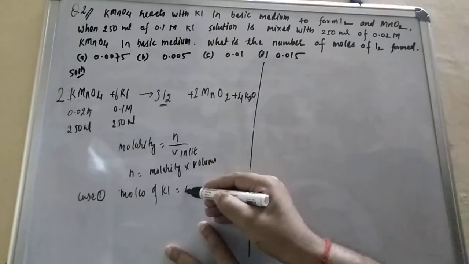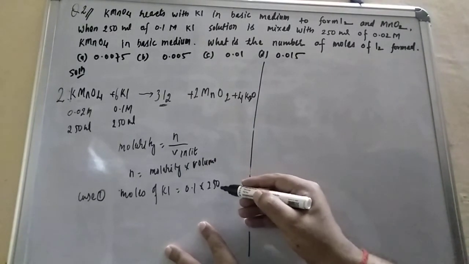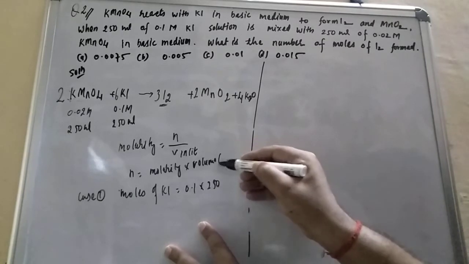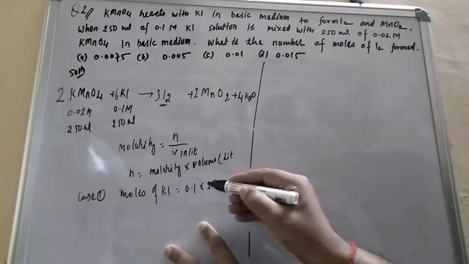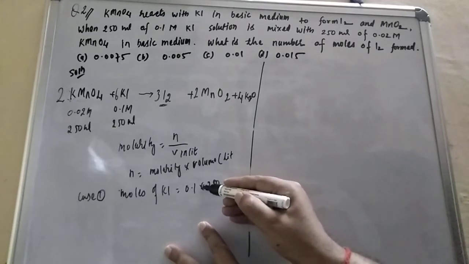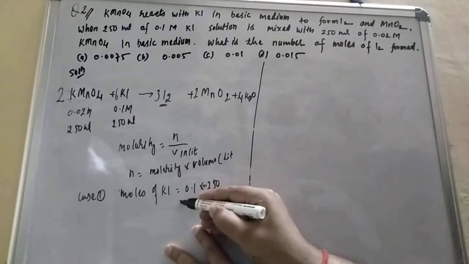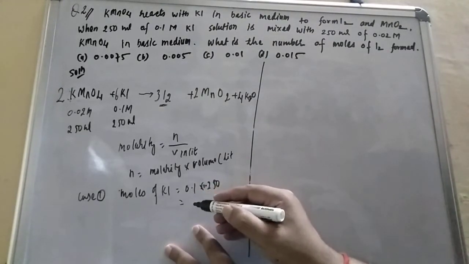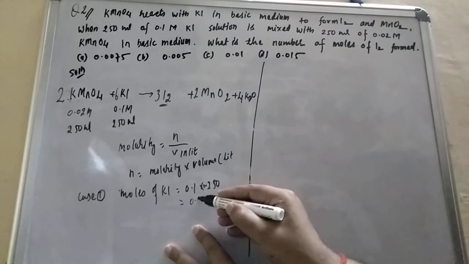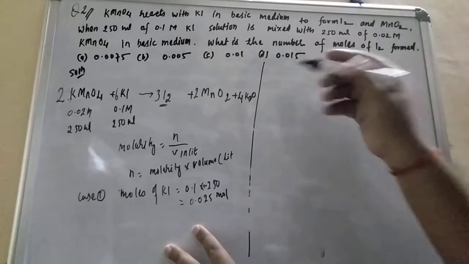Molarity how much, student? 0.1, and volume 250 ml. But here we are talking about volume in liter, so divided by 1000. So it will come 0.250 times 0.1, so the value will come 0.025 mole, 0.025 mole.